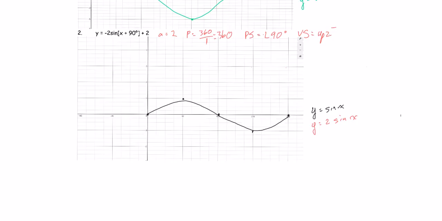For each one of these key points where it starts at 0, 2 times 0 is still 0, so they're still going to be on the basic points. So all of these 3 points will be 0. Now, the only points that change are this point here and this point here. So 2 times 1 gives us 2, so we'll just move that point up, and 2 times -1 gives us -2. So we just move it down to this point here.